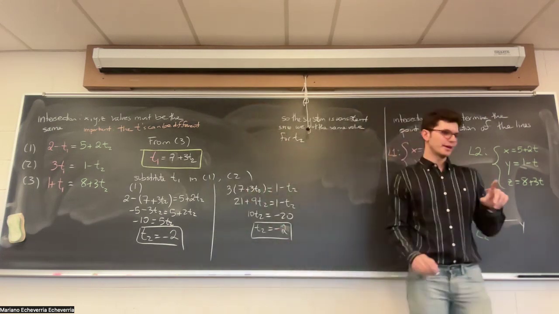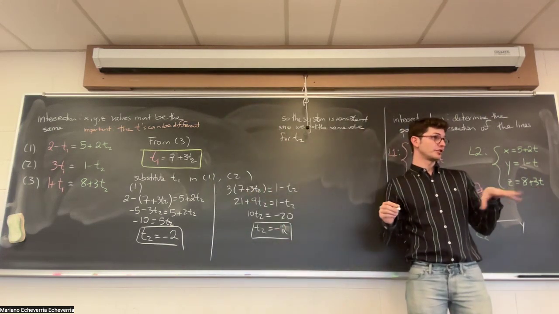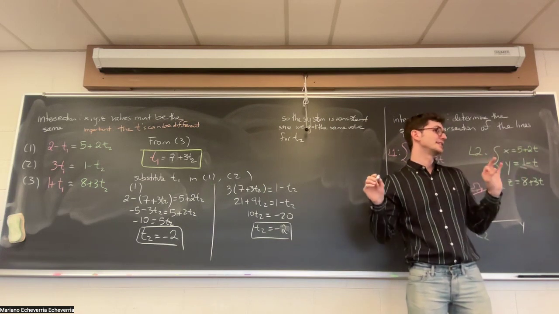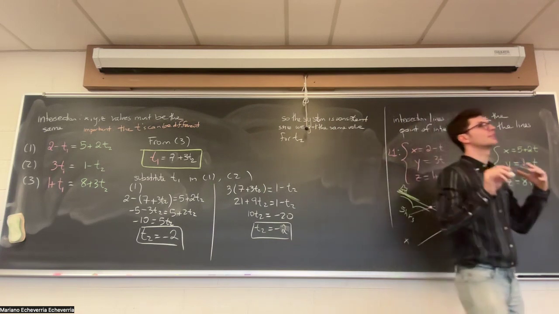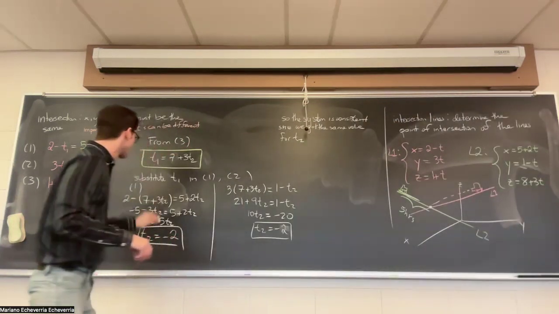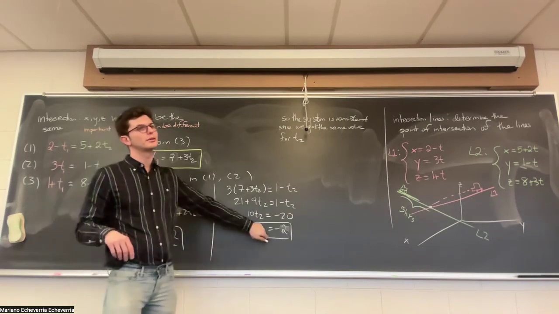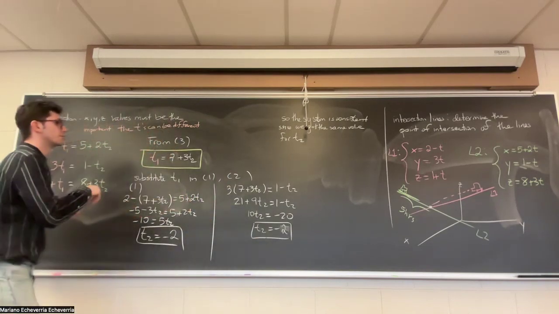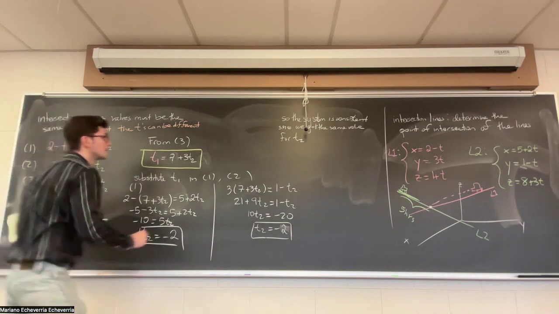So what would have happened if we had obtained different values for T2? That just means that the lines actually didn't intersect. There's no way to solve this system. You get contradictory information. Say if this one had given you T2 equals 1 and this one T2 equals 3, that means the system couldn't be solved.